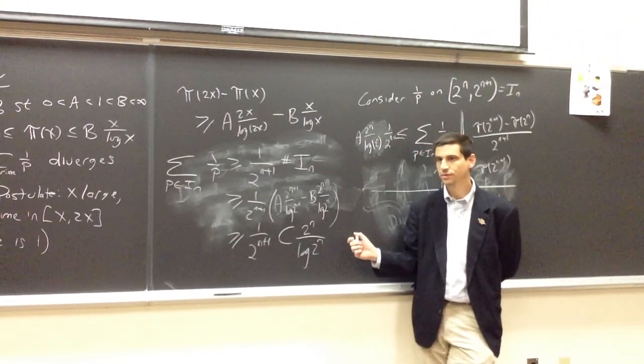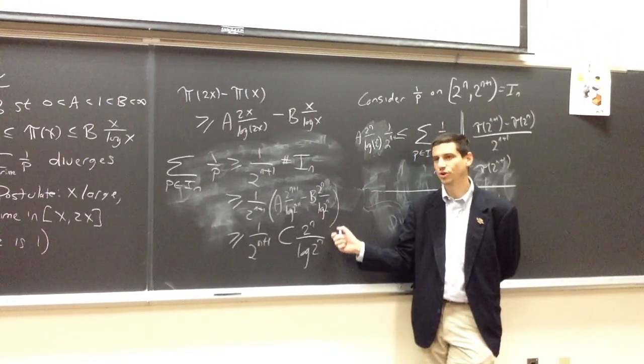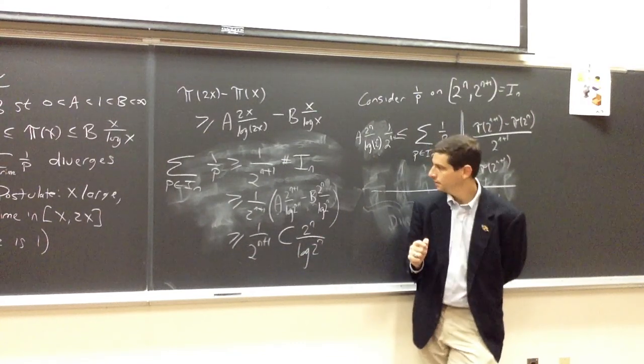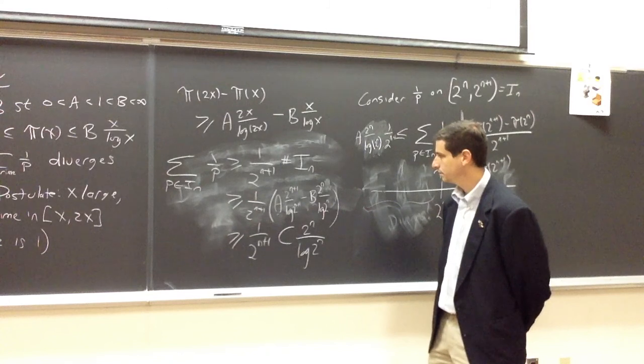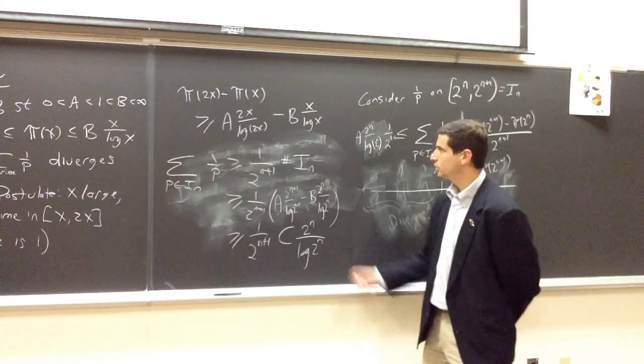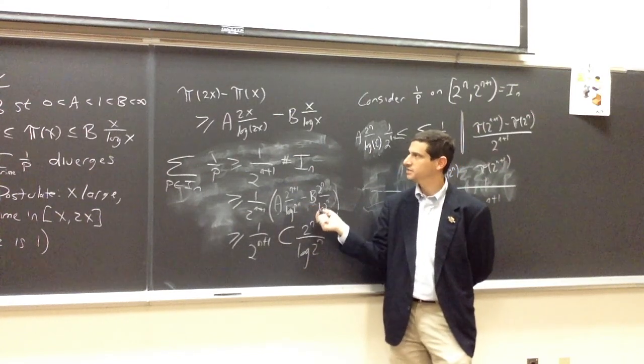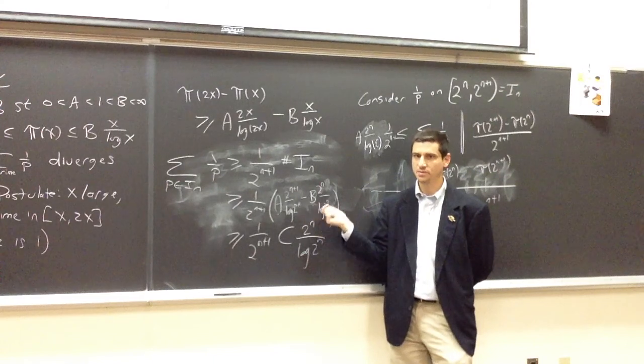You could call this n plus 1 if you want, or n. It's just going to change the constant c. No, I meant instead of 2 to the n, wouldn't it just be 2? No, because x is of size 2^n. Okay. Right? So it's going to be some constant times x over log x.